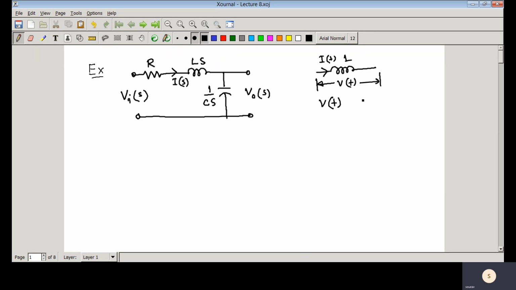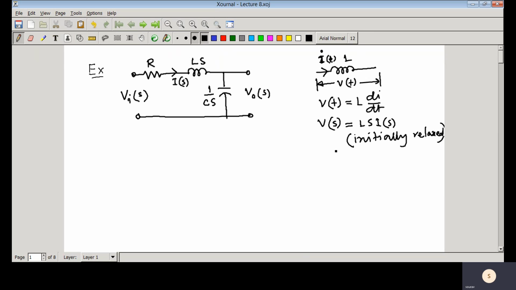Now v(t) equals L di/dt. Taking the Laplace transform, it would be Ls I(s), say initially relaxed.